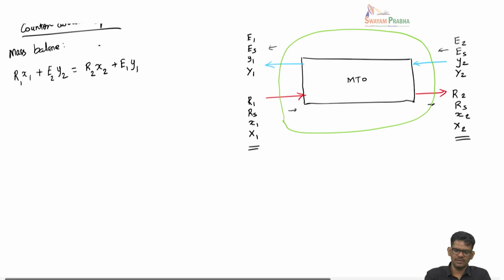Now all of this, R1, E2, R2, E1, we will write in terms of the solute free molar flow rate, that is the solvent flow rate. So this becomes Rs x1 by 1 minus x1 plus Es y2 by 1 minus y2.